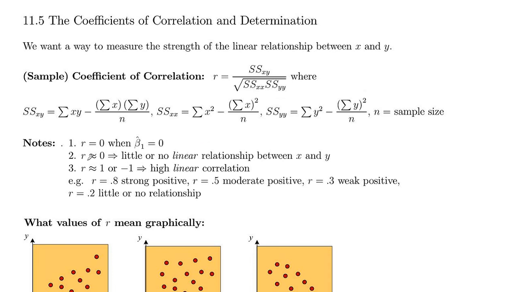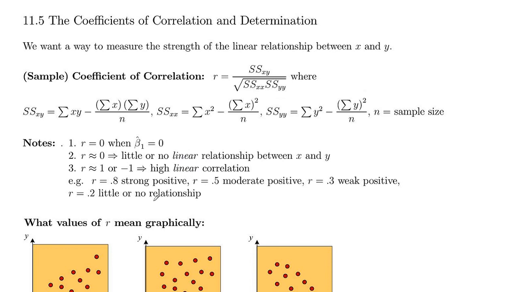If r is close to 0, that's telling you that there is little or no linear relationship between x and y. If r equals 0, it's definitely no linear relationship between x and y. If r is approximately 1 or negative 1, that is a high linear correlation. So it's a very strong correlation between x and y.